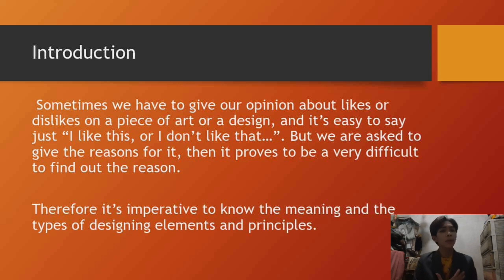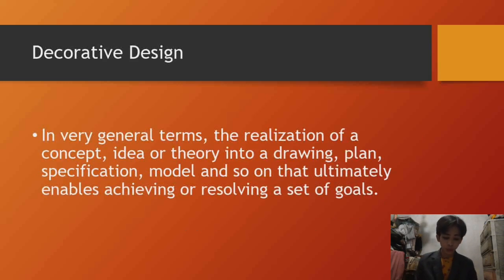But first, let's talk about what is decorative design. When we say decorative design, in a very general term, it is the realization of a concept, idea, or theory into a drawing, plan, specification, model, and so on that ultimately enables achieving or resolving a set of goals.